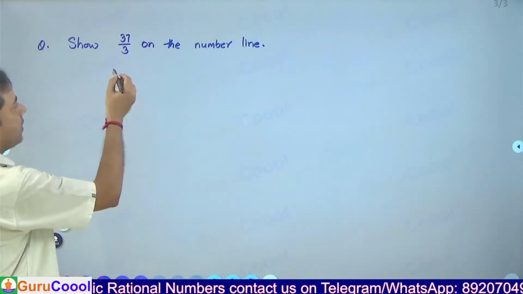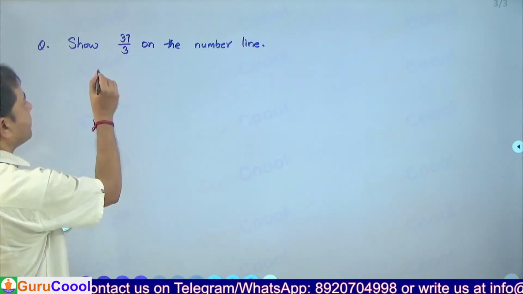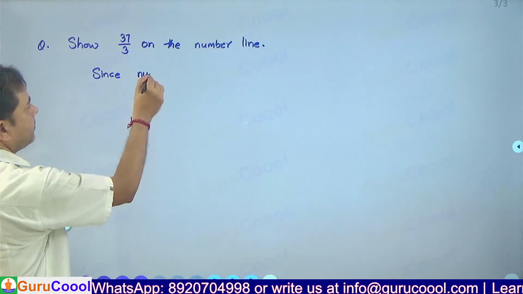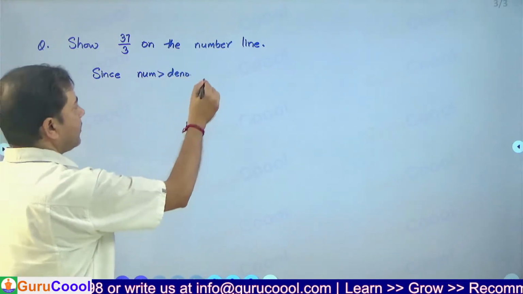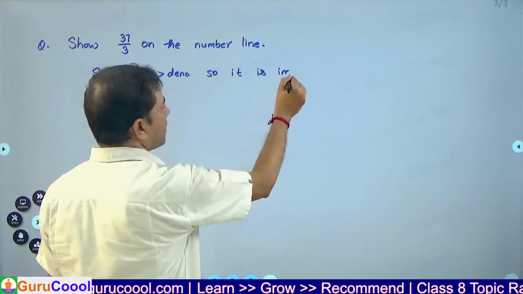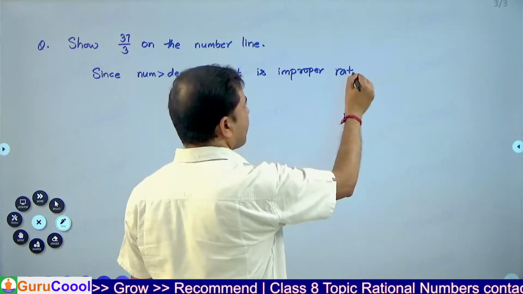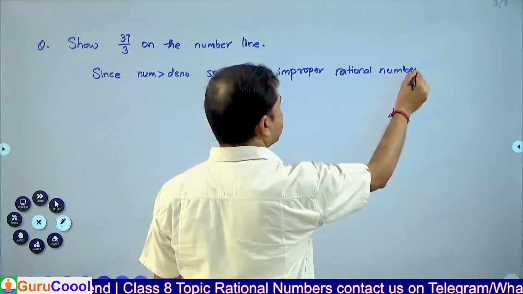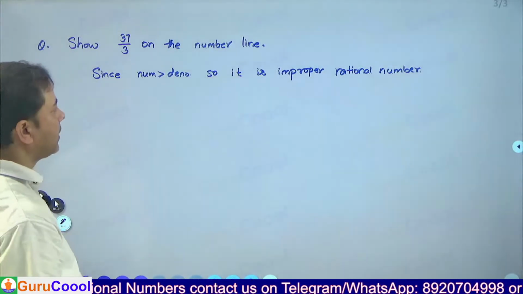So it is an improper rational number, or fraction also can be used here. Since numerator is greater than denominator, so it is improper rational number. Improper rational number means always greater than 1.